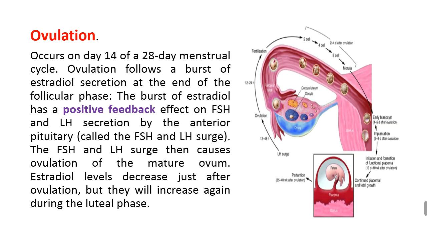Then, ovulation will occur at day 14 of the menstrual cycle and will be followed by a burst of estradiol secretion at the end of the follicular phase. The burst of estradiol, as you remember, will have a positive feedback effect on FSH and LH secretion by the anterior pituitary, called the FSH and LH surge.